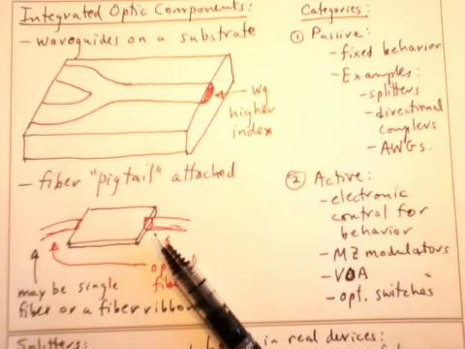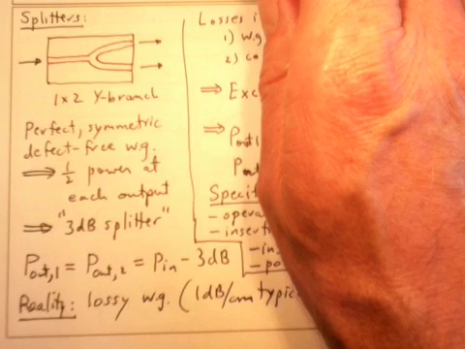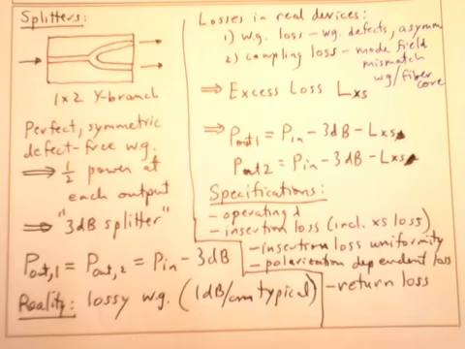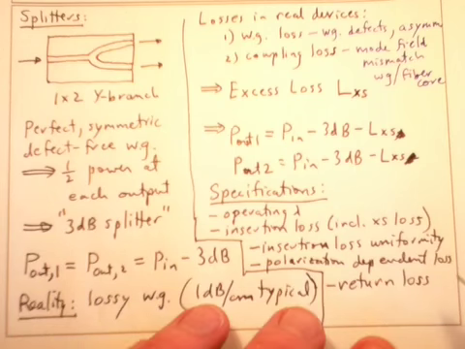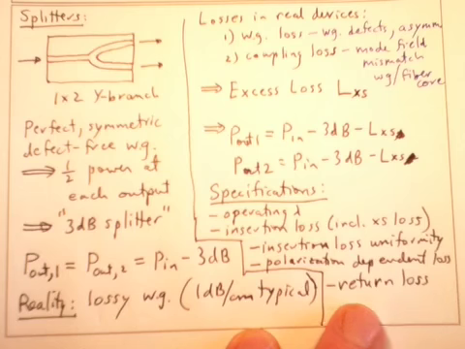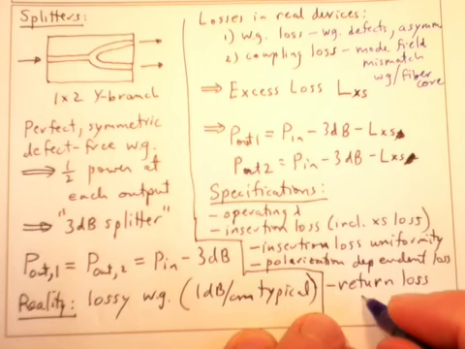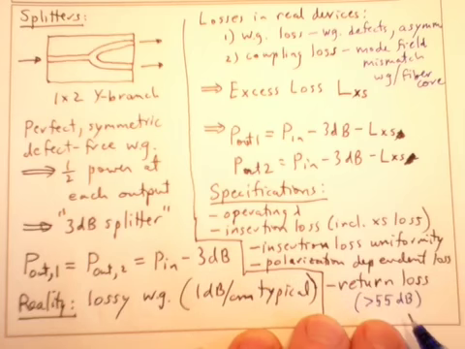And we know from our basic optics that anytime we have that difference in refractive index, we've got a certain amount of reflections occurring. And return loss tells you how much reflection you have. You don't want any reflection, and you're hoping that the return loss is very large. Typical values for the return loss are greater than 55 dB, meaning the reflected power is 55 dB below the incident power.